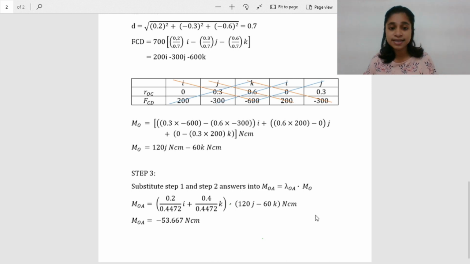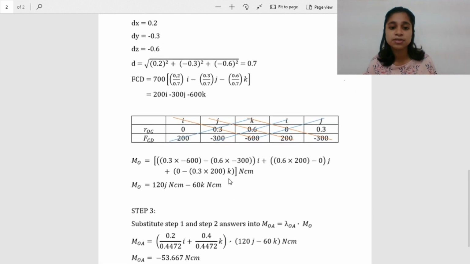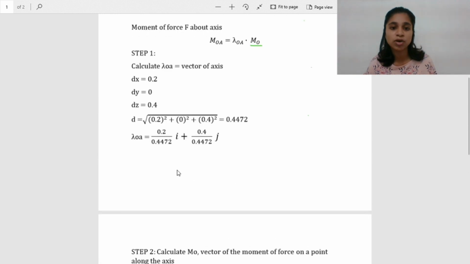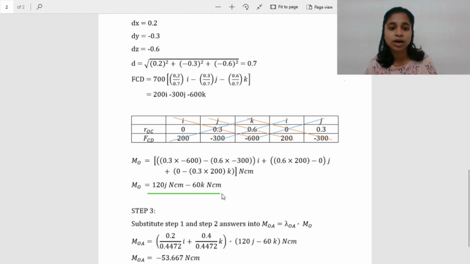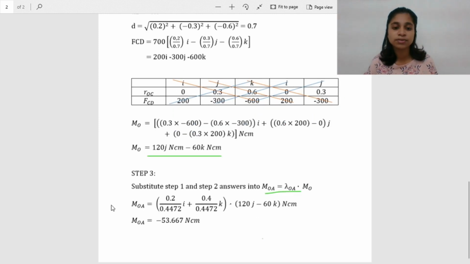Step 3 is we have to substitute the step 1 answer and step 2 answer into the formula. So this formula is a dot product. Dot product means we have to multiply the same coordinates and add them together. So here the x coordinate is 0.2 over 0.4472 while here it is 0, so times 0 equals 0.